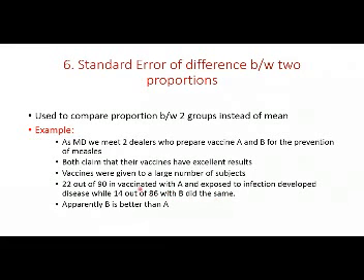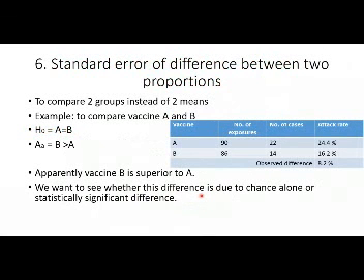Which one is better? 22 out of 90 are getting infection, and in this case 14 out of 86 are getting the infection. Apparently B is better than A. Over here, in case of B, the attack rate is less than the attack rate in A.